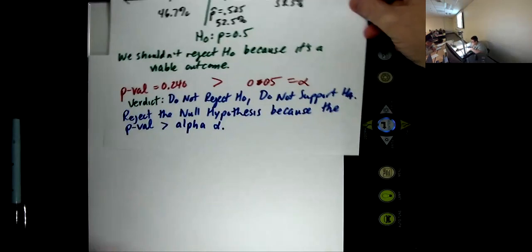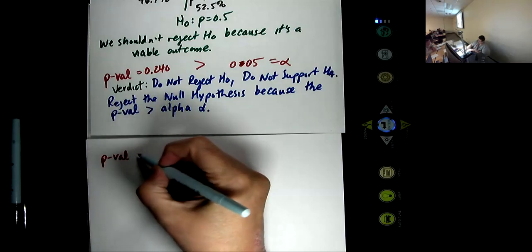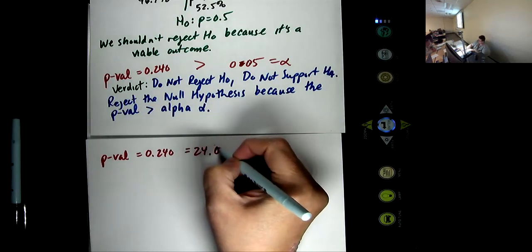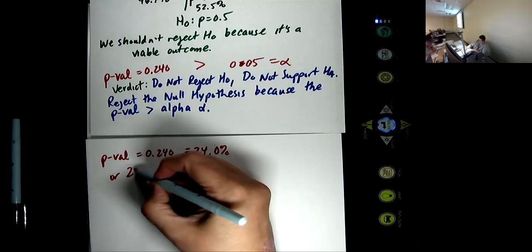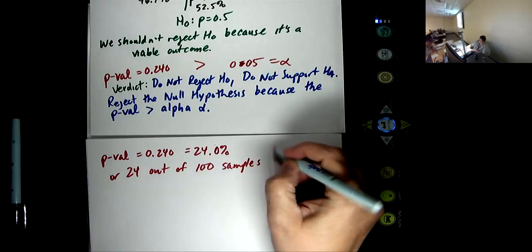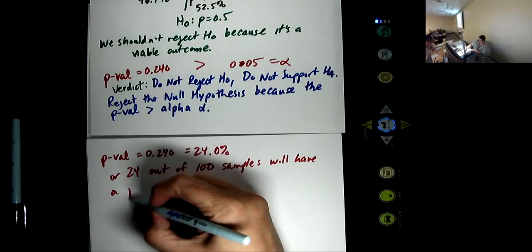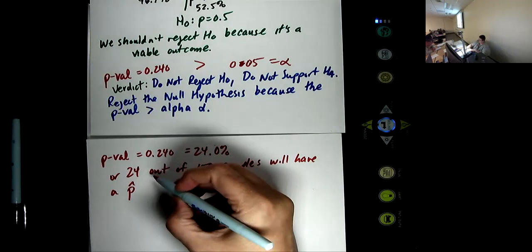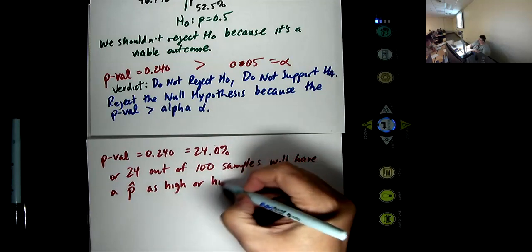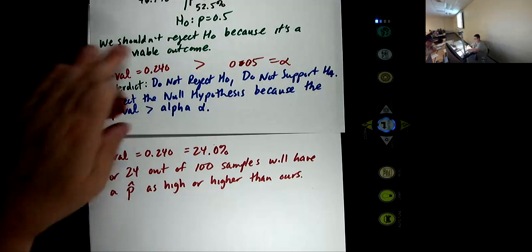I'm going to go on a little bit more about that p-value. We have p-value is 0.240, which is like 24%, or 24 out of 100 samples will have a p-hat as high or higher than ours, because we are above it.